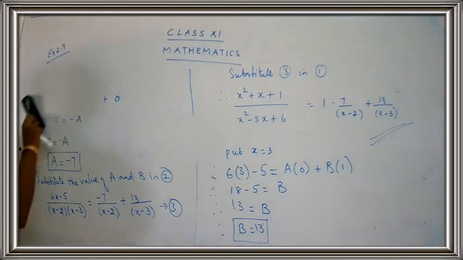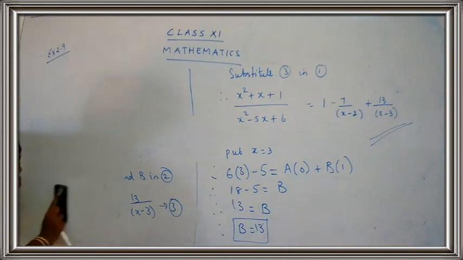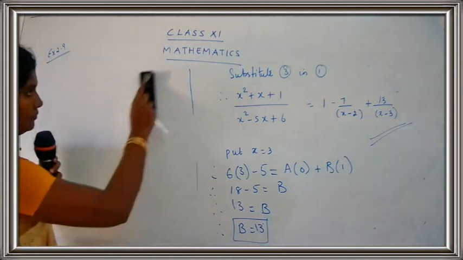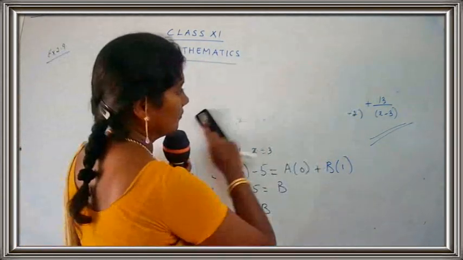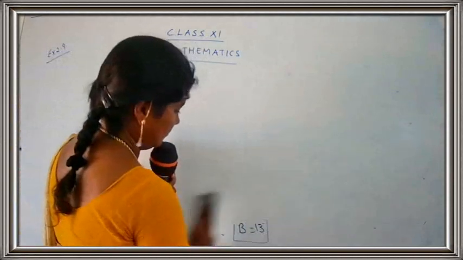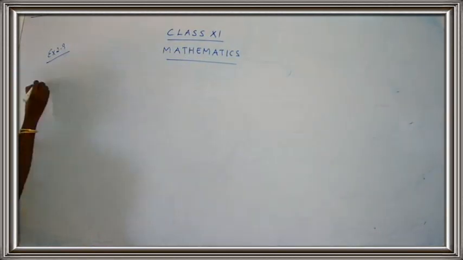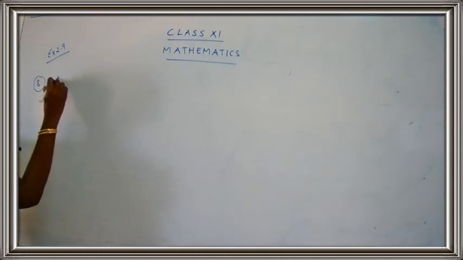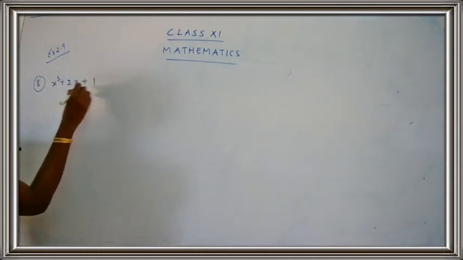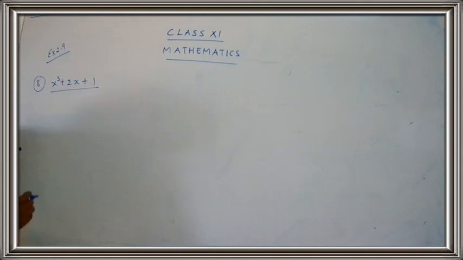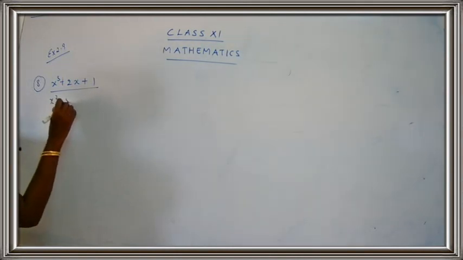Okay. Get ready with the next question. Sum number 8: x cube plus 2x plus 1 upon x square plus 5x plus 6.